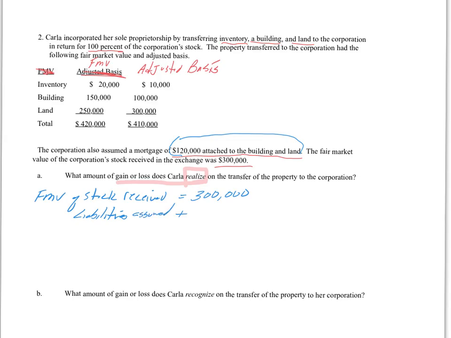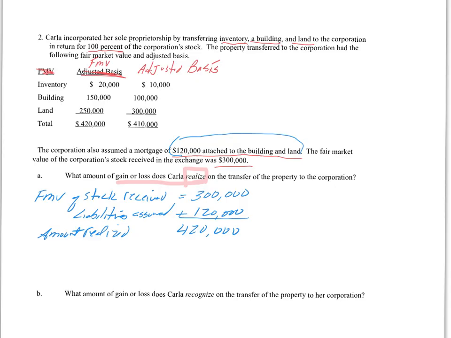So the corporation assumes this mortgage of $120,000. So what does she receive in total? Well, in total, her amount realized or received is $420,000.